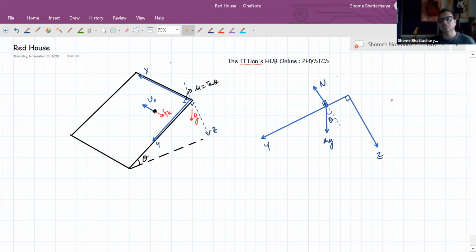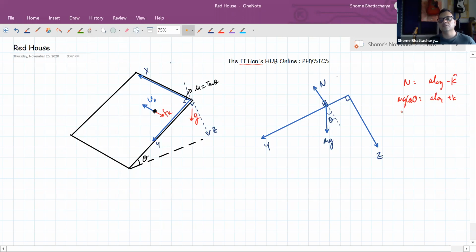So the forces, as you can see, will be N along minus k cap, mg cos theta along positive k cap, and mg sin theta along positive j cap. These components of mg will be active.